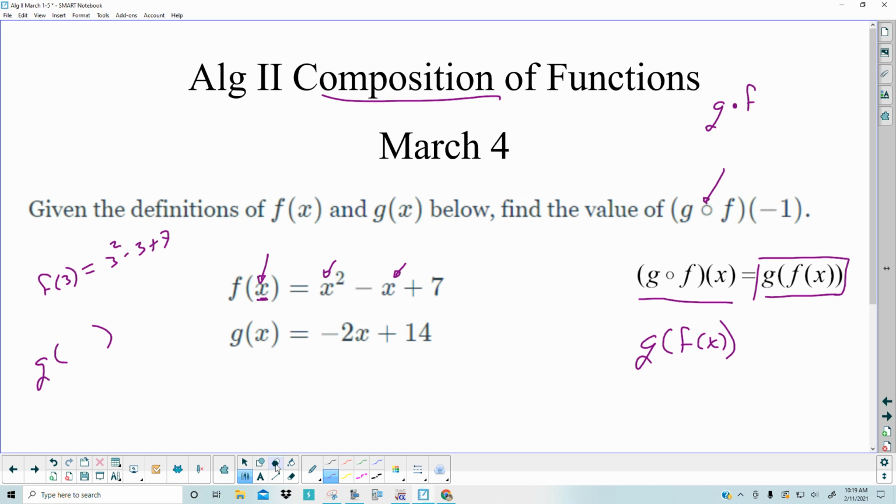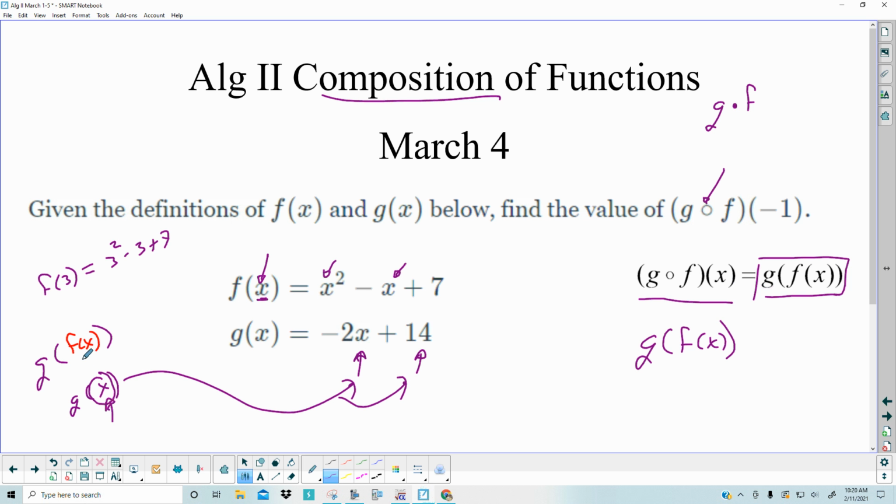G with f of x inside it. So let me write it separately. G of x. That's what I fill inside this pattern right here. Whatever is in here, this is where I put it.